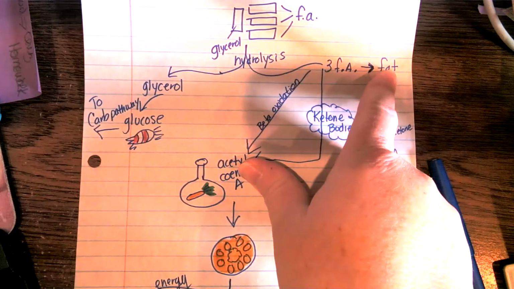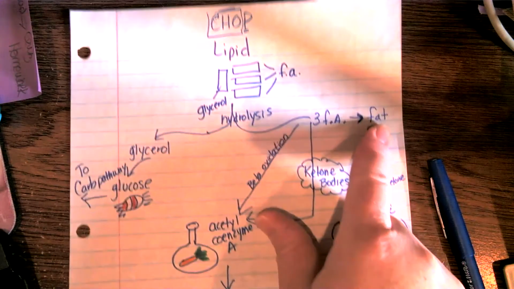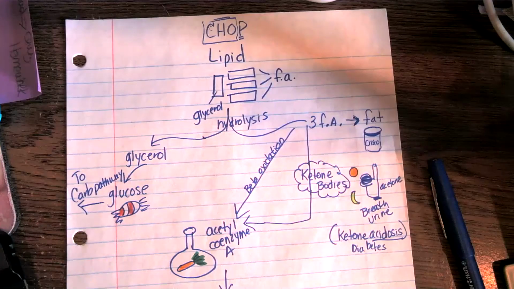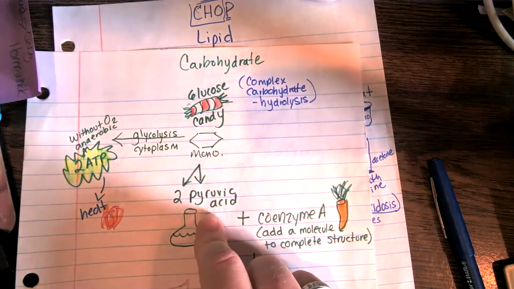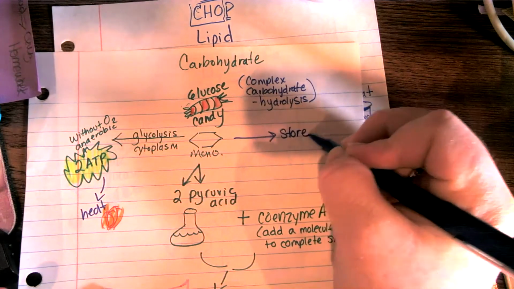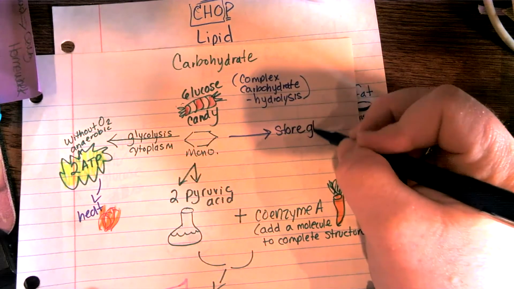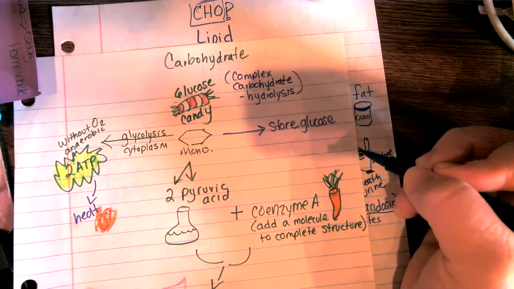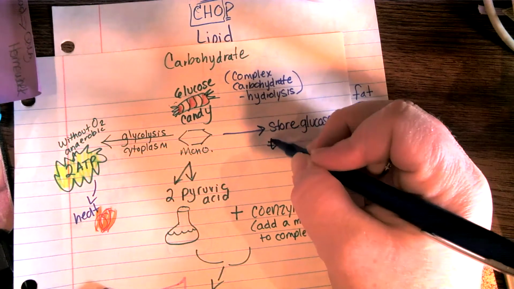But can you gain weight from having too much fat? Yes. Go back to your carbohydrate pathway. If we don't break this down, can we store this? Can we store glucose? Where do we store glucose? We talked about this in chapter 1. What organ?